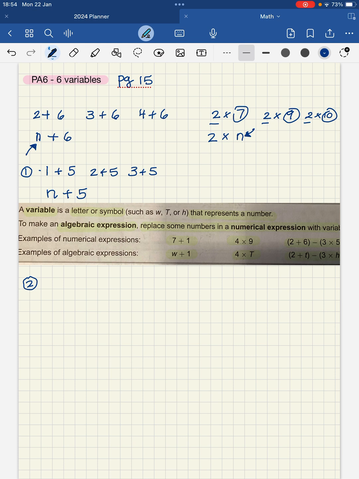So remember, an expression is something that does not have the equal sign. Write an expression for the distance a car would travel at the speed and in the time given. So if our speed was 60 kilometers per hour, and our time was 3 hours.